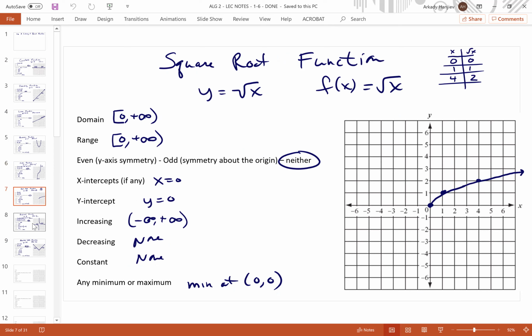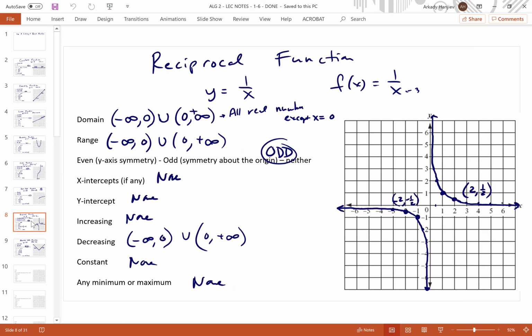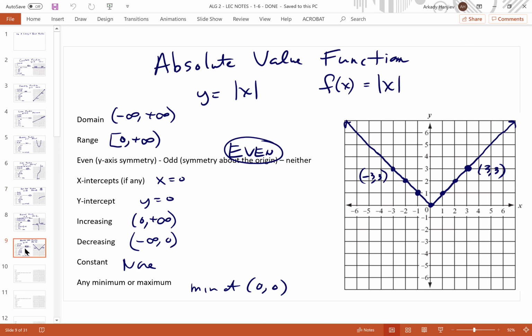So there's a place where it was not defined, which is all the negatives. All right, reciprocal function. There's that one. And the absolute value function. Okay, that pretty much covers the very, very basic functions that we do.